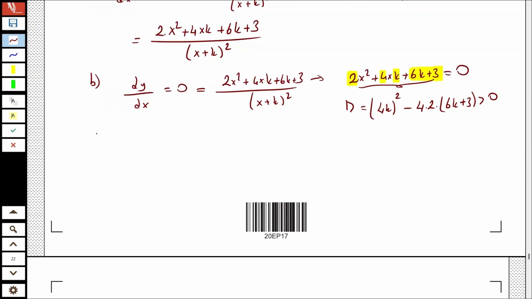If there is a maximum or minimum point on the sign table, the sign needs to change, from increasing to decreasing or decreasing to increasing.